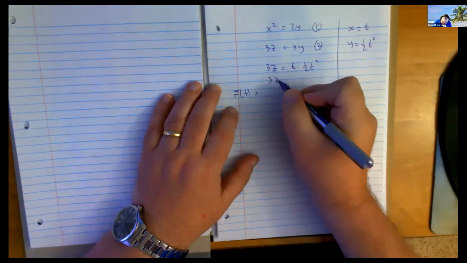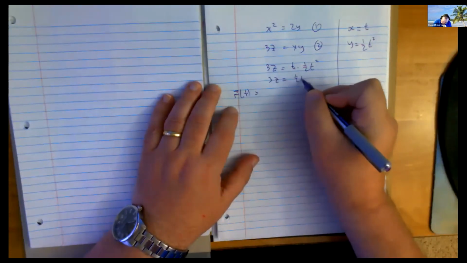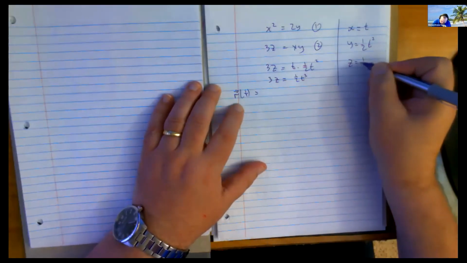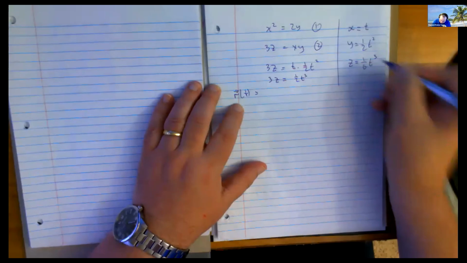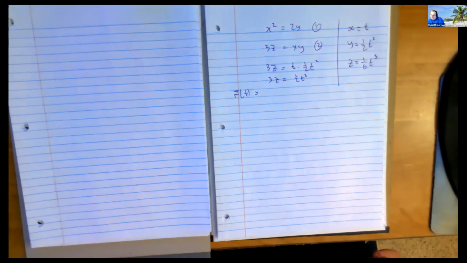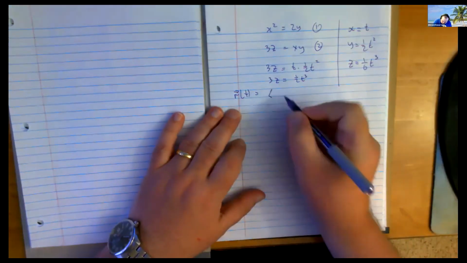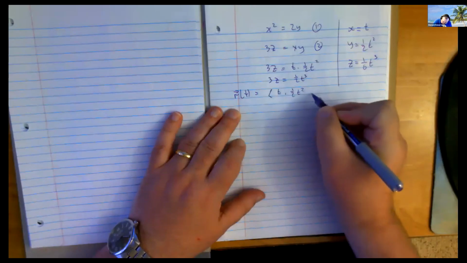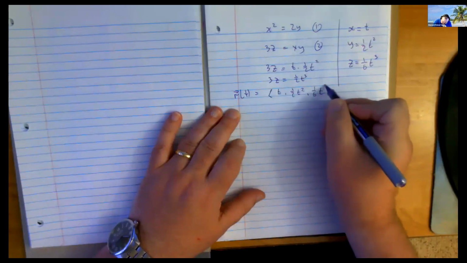Won't that make 3z 1/2 t cubed? So won't that make z 1/6 of t cubed? Would you agree that's probably the nicest version that you're going to get? If I tried any other choice, I'm probably going to get some weirder stuff. So that gives me the point t, a half t squared, and 1/6 t cubed.